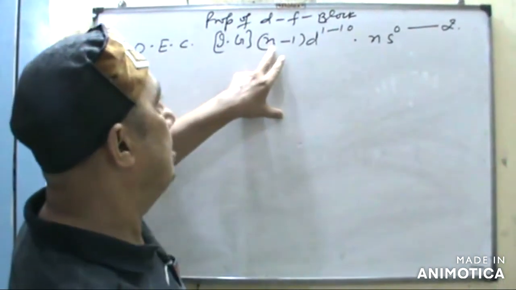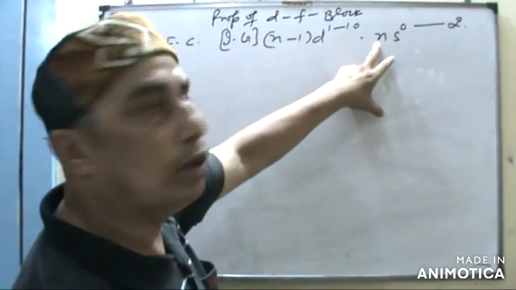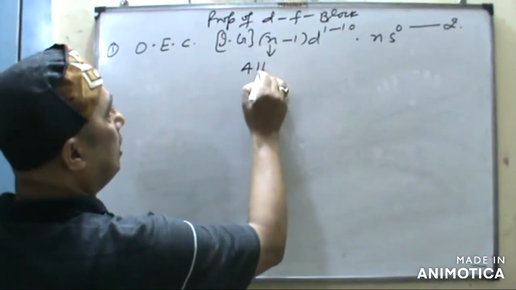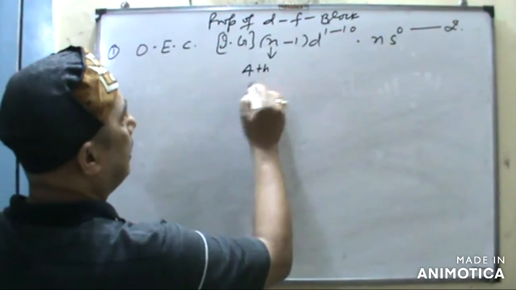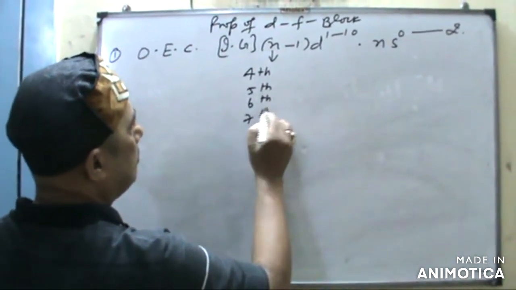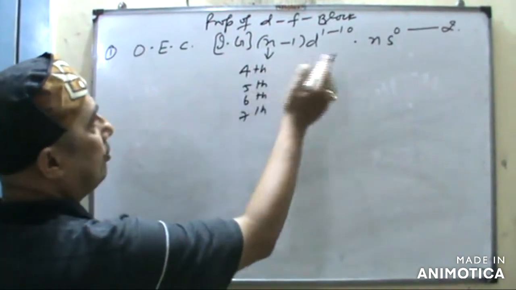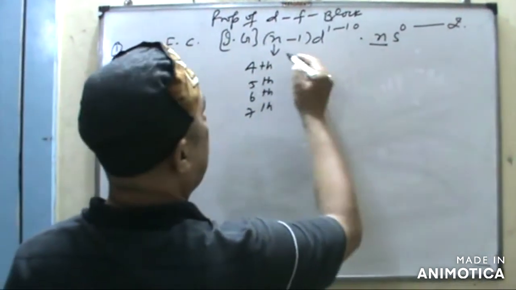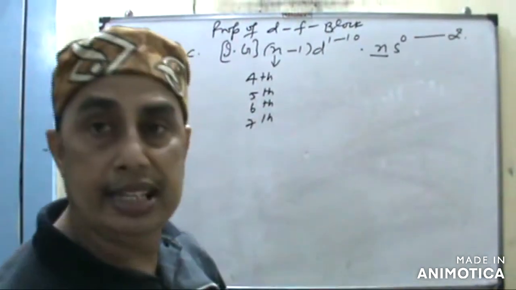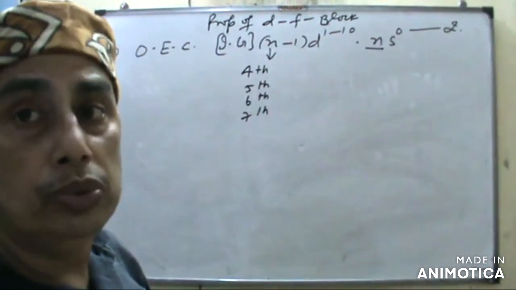And n is the number of the period. n starts from 4, the 4th period, and can be 5th, 6th and 7th period. So you can create the formula: here 4 minus 1 is 3d, and this is 4s. The d capacity is from 1 to 10.